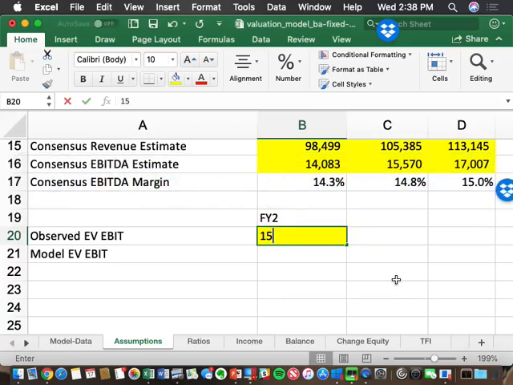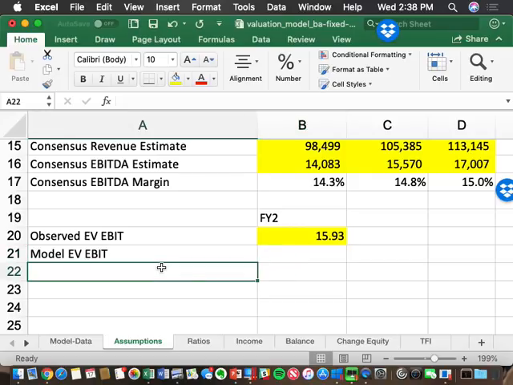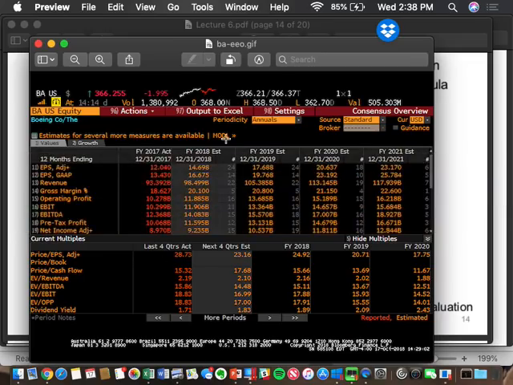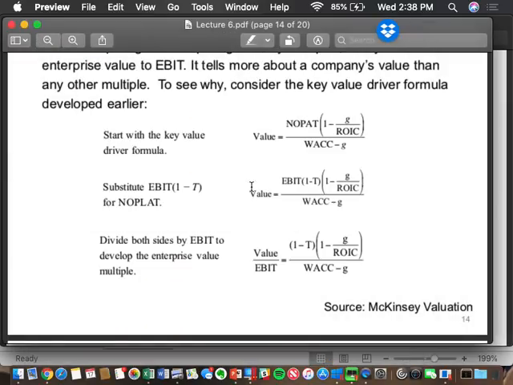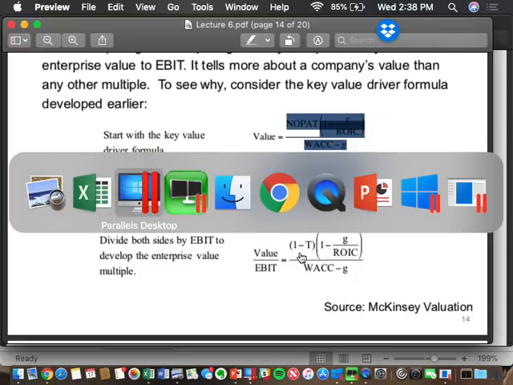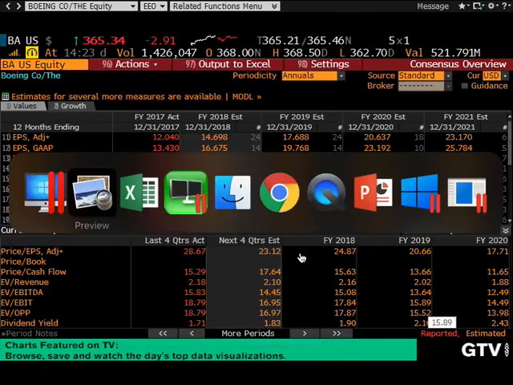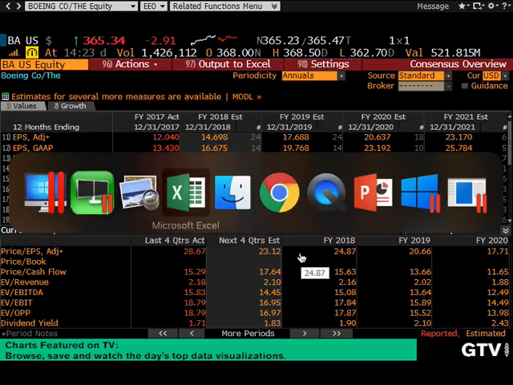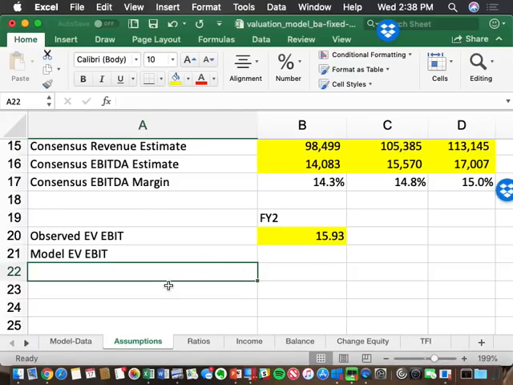All right, 15.93. All right, so here's the thing. I need 4 variables to get this formula to work. I need a tax rate. Sorry, I had trouble. So I need an estimated tax rate.